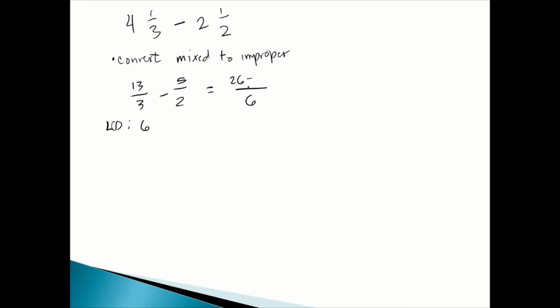After that, minus 6 divided by 2, that is equal to 3, and 3 times 5 is 15. Then we subtract 26 minus 15, that's equal to 11 over 6. And that is our answer.